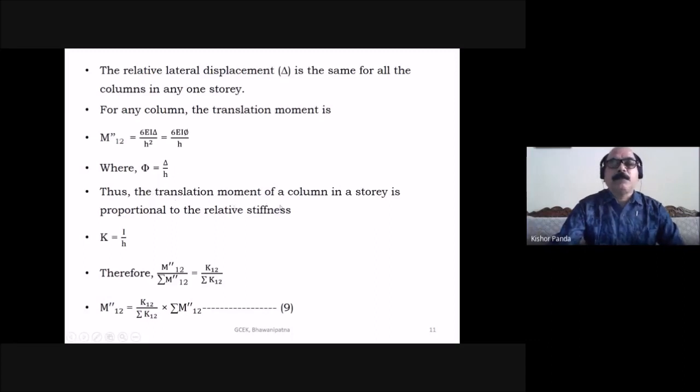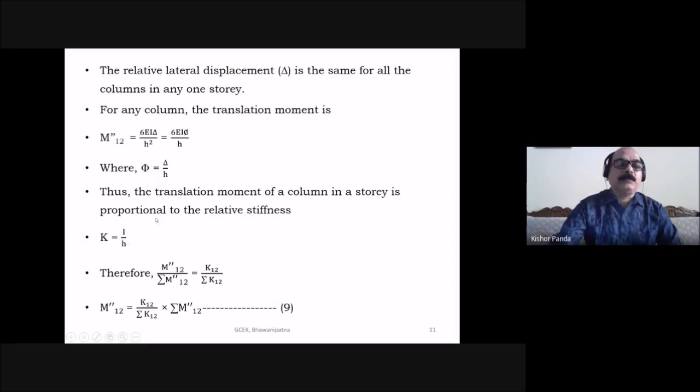The translation moment of a column in a story is proportional to the relative stiffness. What is the relative stiffness? The relative stiffness is equal to the moment of inertia of the member divided by the length of the member. For this vertical member, K is equal to moment of inertia by the height, as the length of the vertical member is h.